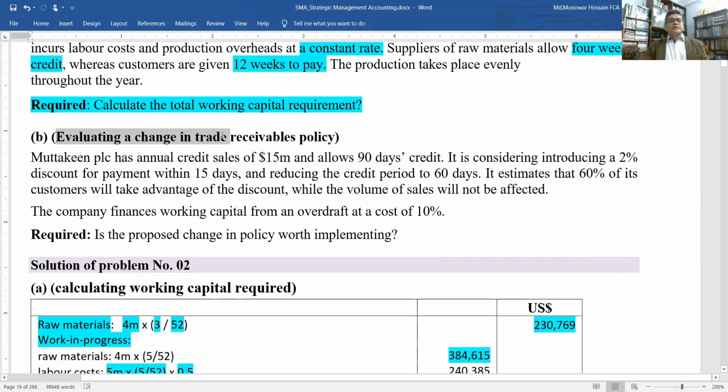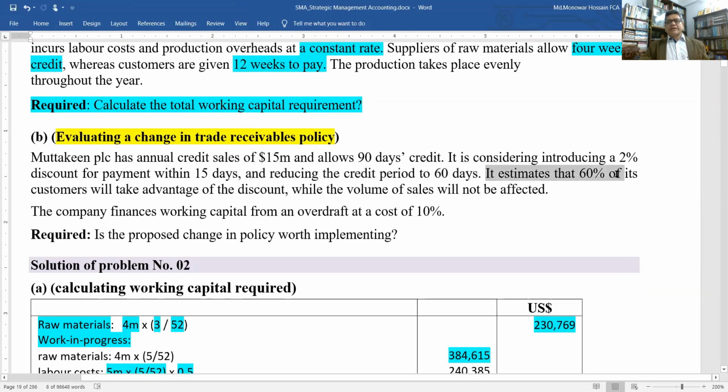Now, evaluating a change of trade receivable policy. Muttakin PLC has annual credit sales of 15 million and allows 90 days credit. It is considering introducing a 2% discount for payment within 15 days and reducing the credit period to 60 days.